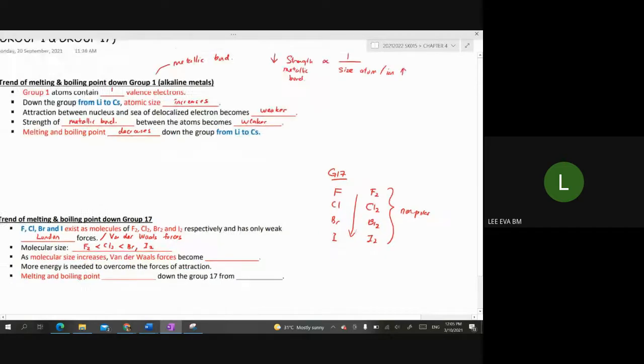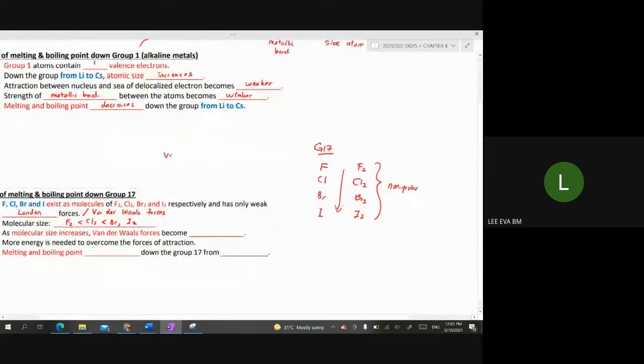Now your force has changed. For van der Waals forces, how many factors are there? 1, 2, 3. We have the factor of polarity, which refers to the dipole-dipole because it's underneath van der Waals. For London forces only, we have the factor of polarizability, which refers to your molecular size. The bigger the size, the stronger the force.